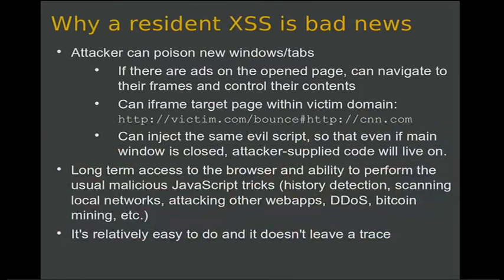And once you have all that, once you have the long-term access to the victim's browser, other than monitoring all the data in the web application itself, you can do other malicious JavaScript tricks. So you have a lot of time to do history detection, scan local networks, possibly attack other web applications, and distributed denial of service, all of that.